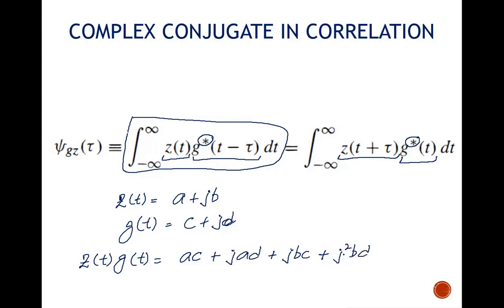So because of this j squared, we will have a minus here. So the real component of this product, z(t) g(t), the real component is equal to AC minus BD.